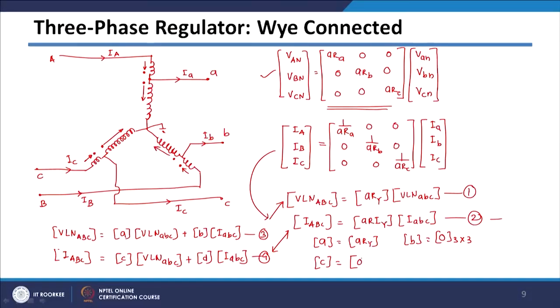So, in that case C also will become 0 of 3 by 3 size and D will be your matrix ARI, current related, that is why I am writing the I term there. So, these are nothing but your ABCD parameters for this one. Since it is a Y connected network, we are getting very simple parameters. So, here all the 3 regulators are working independently.